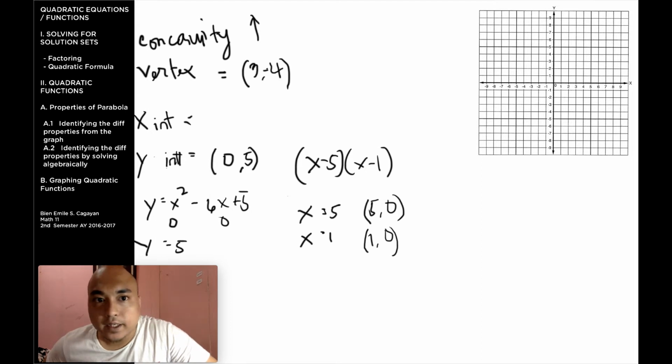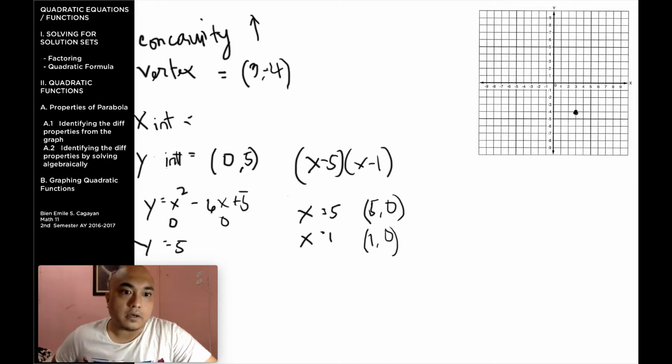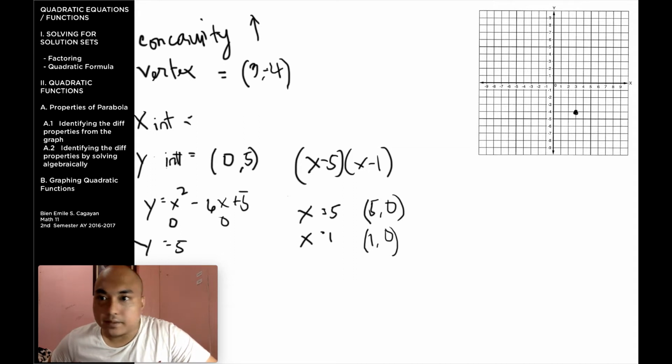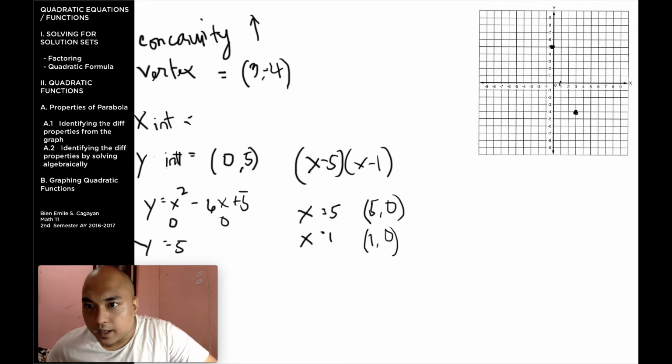We know our vertex is 3 and negative 4. So 1, 2, 3, and negative 4. Our vertex is here. We know that our y-intercept is 0, 5, so 0, 5 is here. And our x-intercepts are 1 and 5.